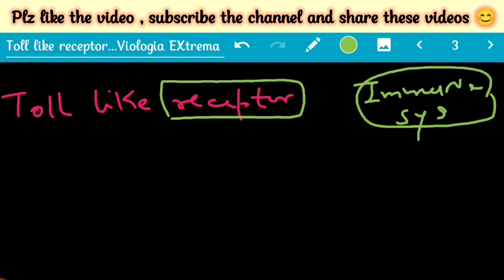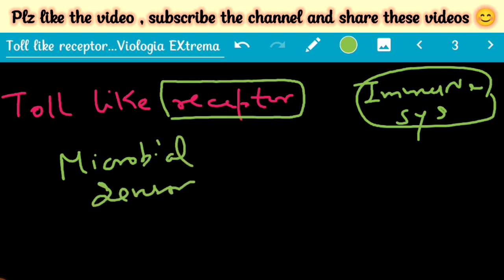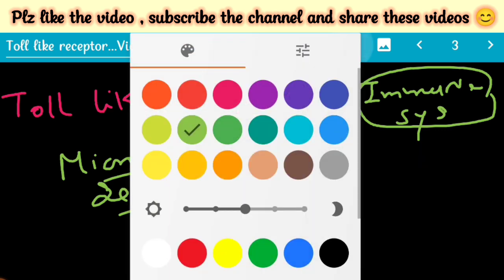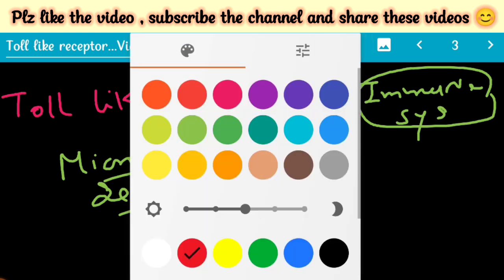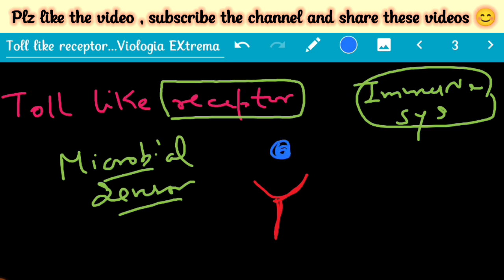So this receptor acts as a microbial sensor. Whenever there is a receptor, there is something we can call a ligand, which is going to bind to that receptor.